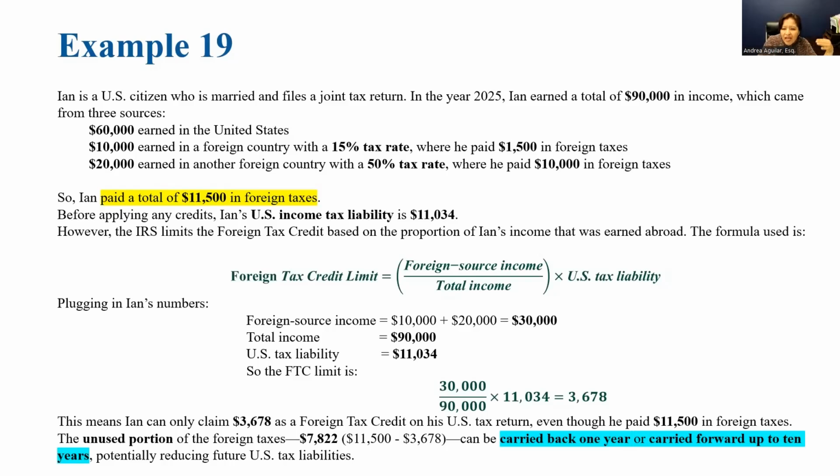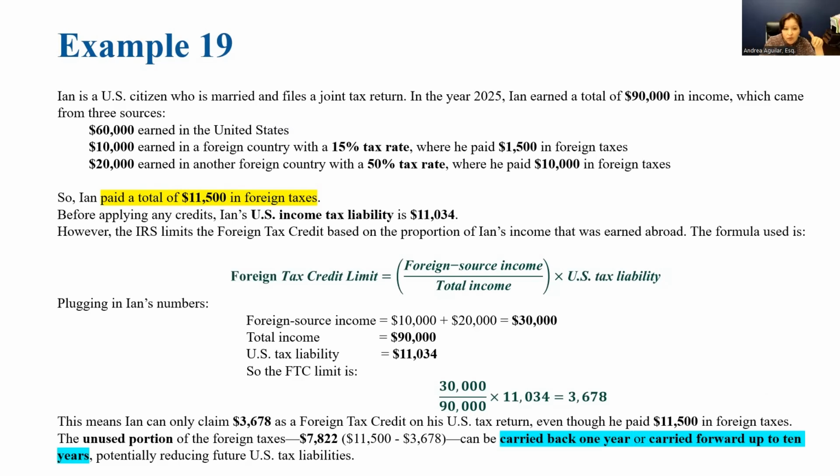So he had paid a lot of taxes, and now we want to know how much is the foreign tax credit. And we know that it is the lesser of the taxes that Ian paid versus the foreign tax credit limitation. So now we need to know what is the amount of foreign tax credit that Ian can claim, and it is the lesser of the taxes actually paid or the foreign tax credit limitation.